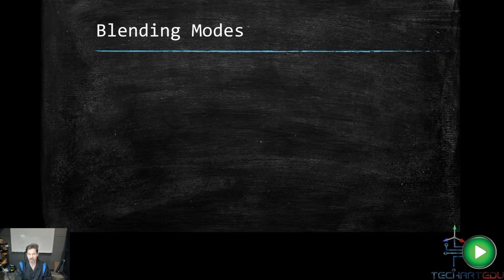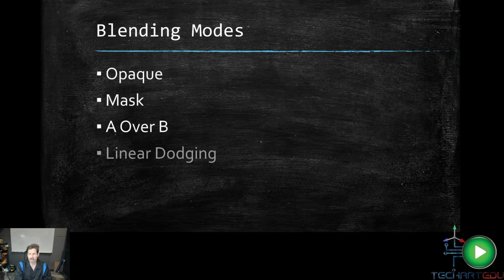Instead of you having to deal with all of the other possible permutations, they make it simple on you. You're going to deal with opaque blending, mask blending, A over B blending, linear dodging, and linear burning. Now if this might sound like standard mathematics of colors, well, guess what, folks? That's what it is. It's just mathematics of colors, exactly. So let's go into explaining these a little bit more in detail.